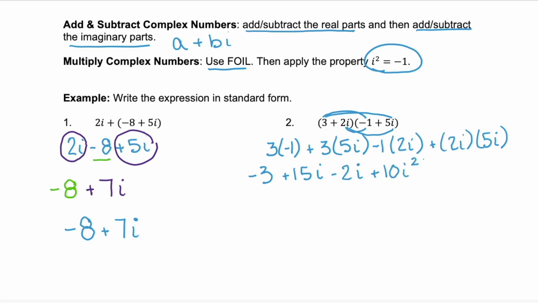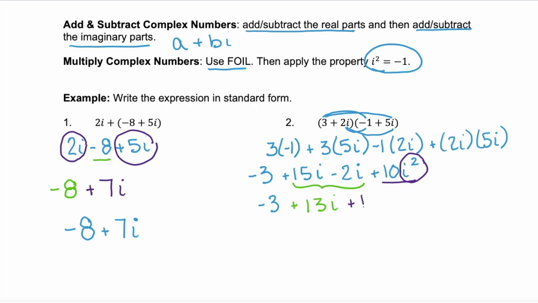Now we want to start combining our like terms. Negative 3 doesn't have anything to combine with yet, but terms 2 and 3, 15i and negative 2i, simplify to plus 13i. And then that last term, plus 10i squared, well, remember, i squared is negative 1.